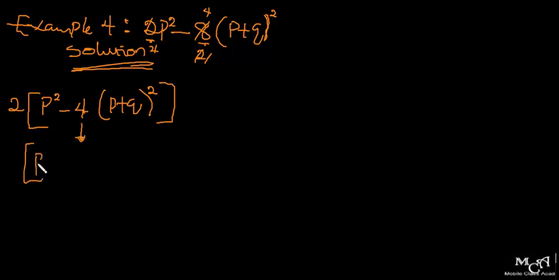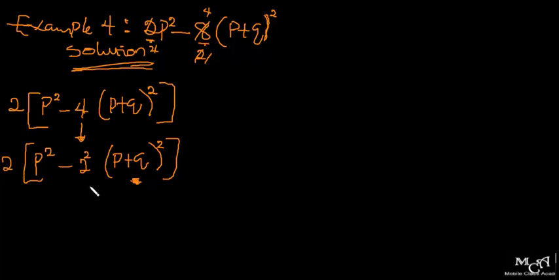We have our p squared minus this 4 can be broken down into 2 square. Are you with me? Then we have p plus q squared. I'm sure you remember bracket p plus q squared is a perfect square. That means we are going to repeat this value twice. Are you with me?